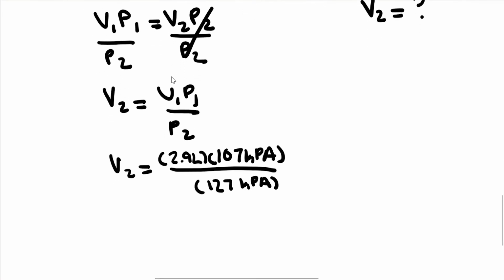Now, if we check the units just to make sure, you're going to see that our final units are going to be in liters, which means yes, it is appropriate for volume. We set this equation up correctly, and then 2.9 times 107 divided by 127 should give you about 2.4 liters, right? So V2 is equal to 2.4 liters.